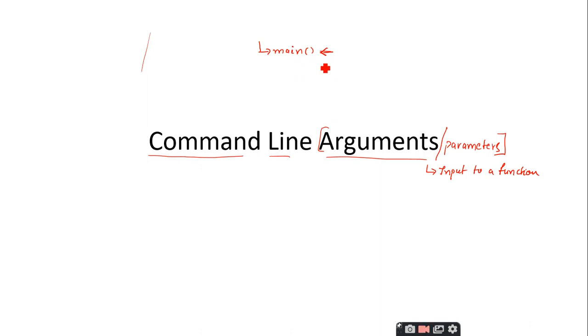But while you look at the syntax of the main function for the programs we have written till date, the main function has a return type which is integer, but there are no arguments for the main function.